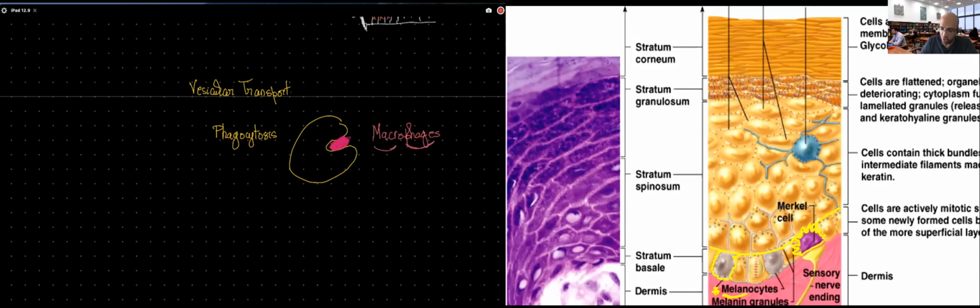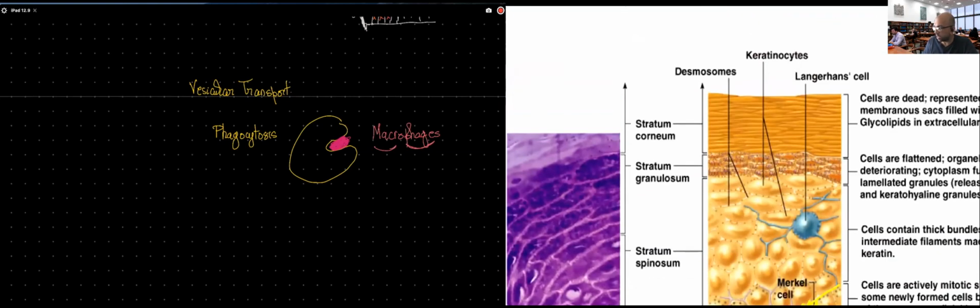So those are the large eaters, or the big eaters. Those cells are widely distributed in your tissues, and we call them tissue macrophages. The tissue macrophage that we have in the skin is called the Langerhans cell.